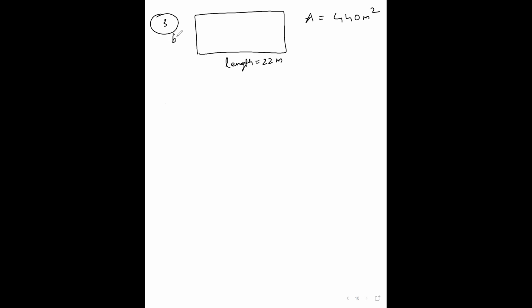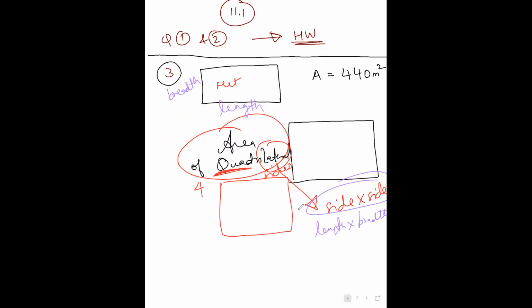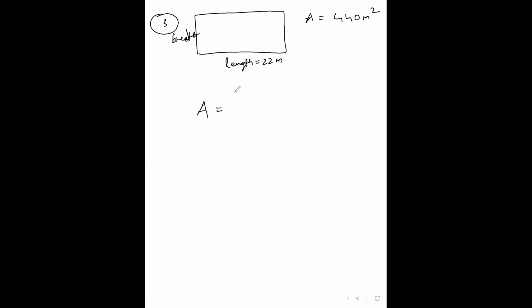So we don't know the breadth, है ना? But we know that area is what? Area of a rectangle क्या होता है बच्चे? यहाँ पे हमने देखा था. Length multiplied by breadth. Very good. L into B. So area is equal to L into B. इसको थोड़ा याद रखने का है ये. ठीक है.